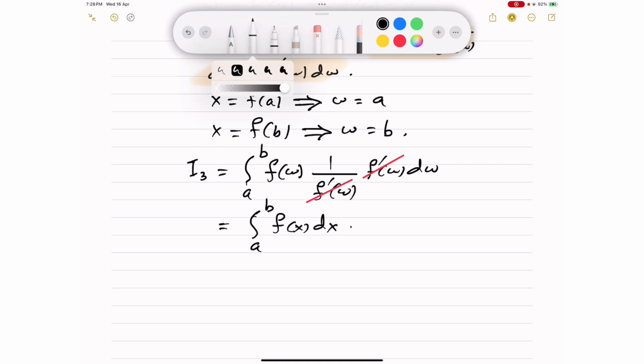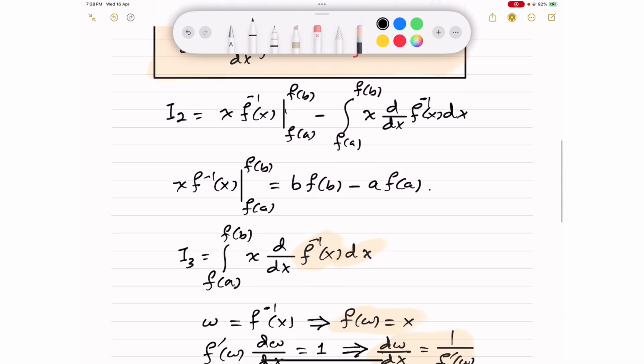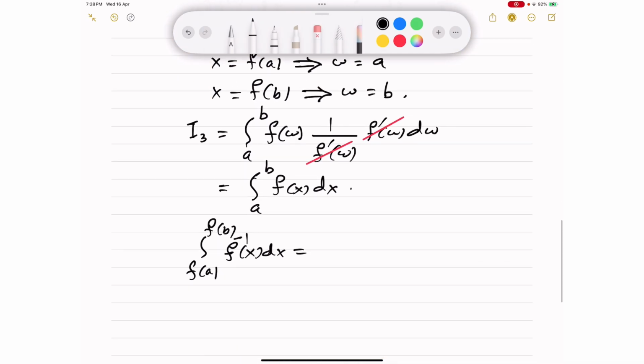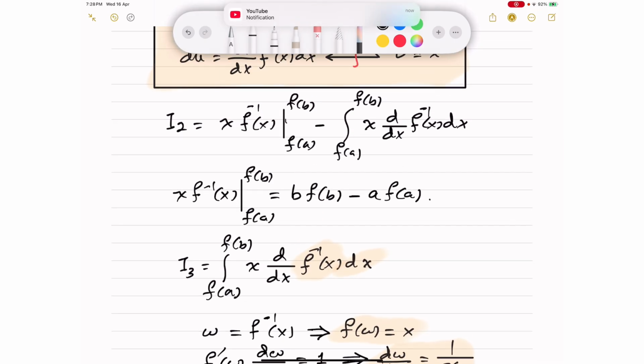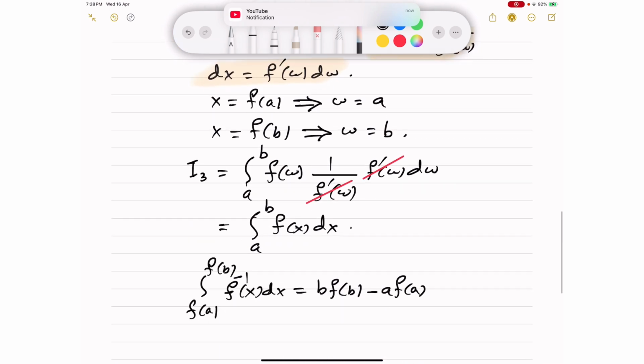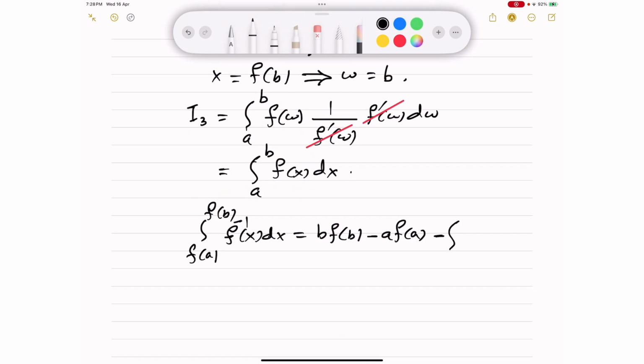So I2, the integral from f of a to f of b of the inverse function of x dx, is equal to b f of b minus a f of a. This is taken from here, right? And then we need to subtract I3. So subtracting I3 means that I need to subtract the integral from a to b of f of x dx. Now, if we move the last term to the left-hand side, we're done.